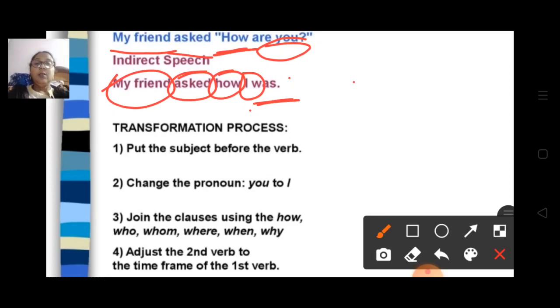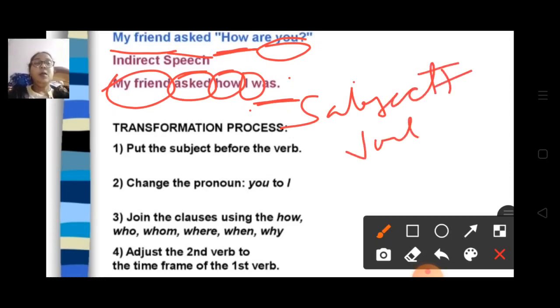So this is the formation: first you write the subject, and then you write the verb, and then the question word would be there if it is a WH question, that is, where, who, whom, so that you are going to add.